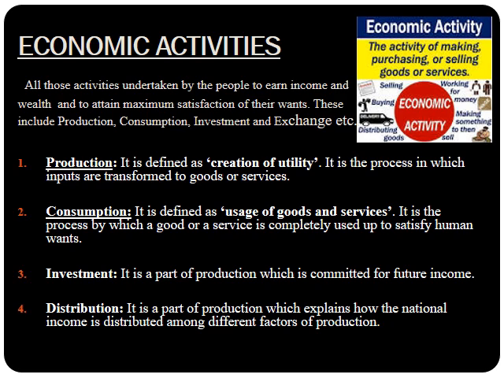Those factors need to be given a reward. So for that purpose, distribution is the process in which those factors of production are rewarded, that is, the income generated in the process of production is distributed among the different factors of production.